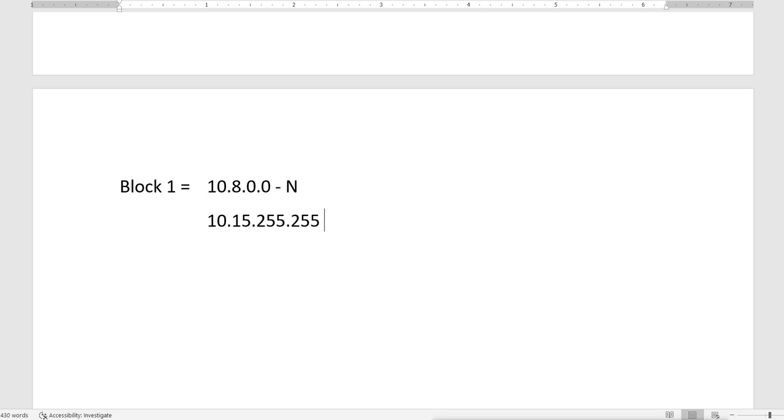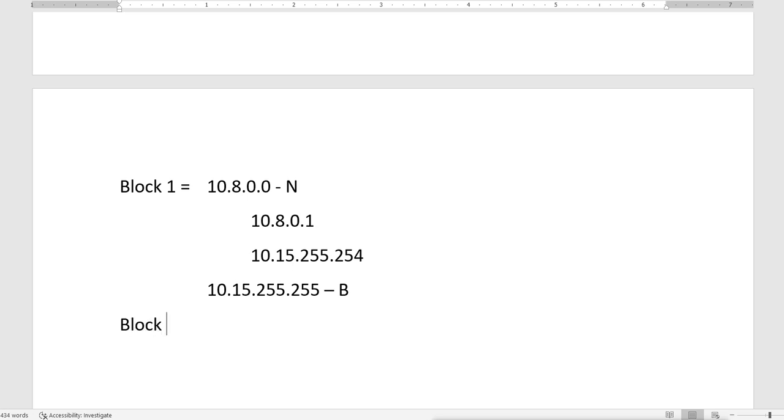Only then the next number will change, and the usable IPs will be 10.8.0.1 to 10.15.255.254, and the next block will start from 10.16.0.0, and it is going to end on.